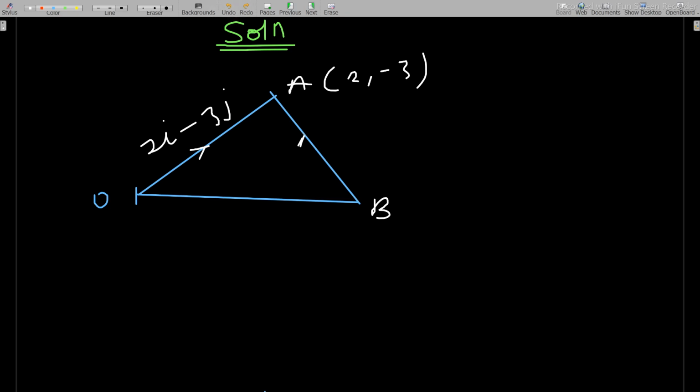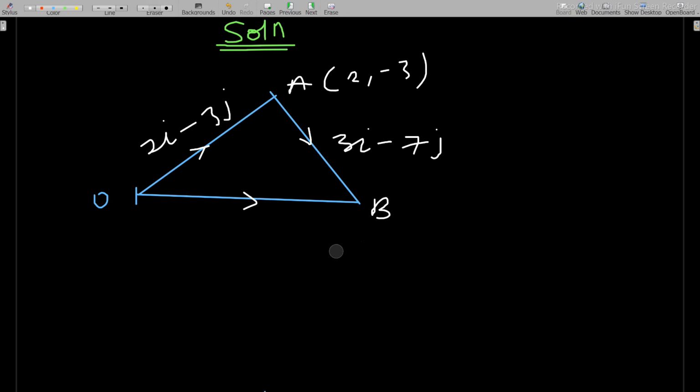The arrow here should be AB, like this, and we are supposed to find the distance from here to here, which means finding the vector OB.